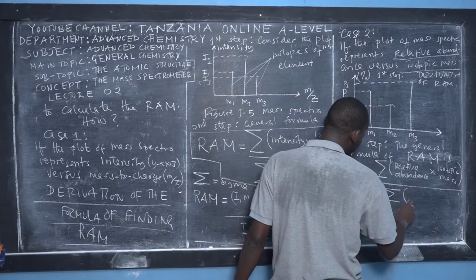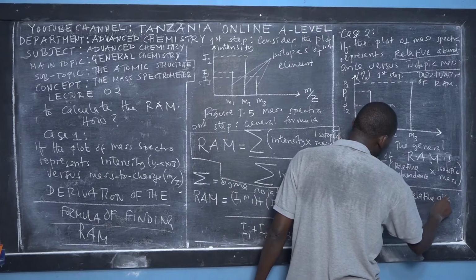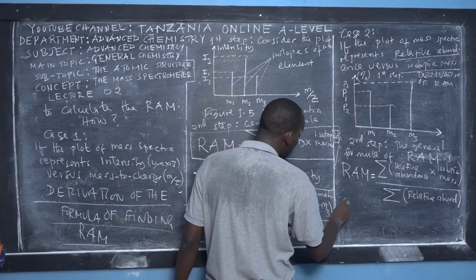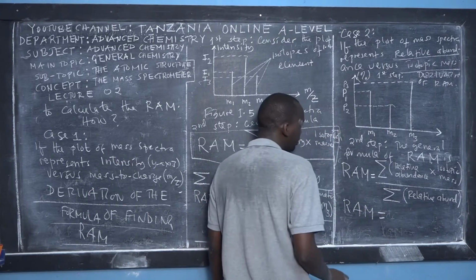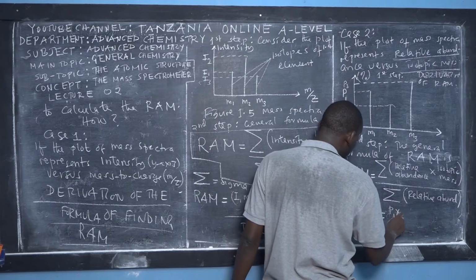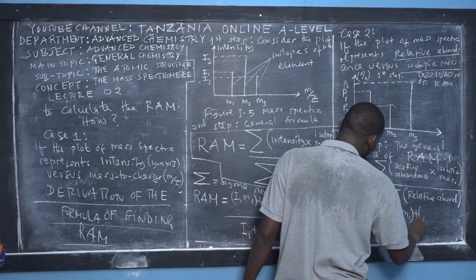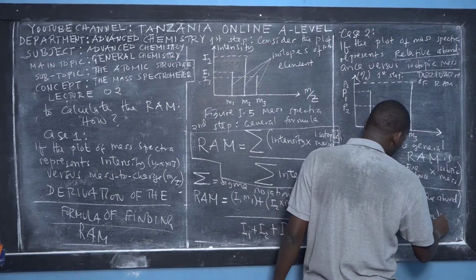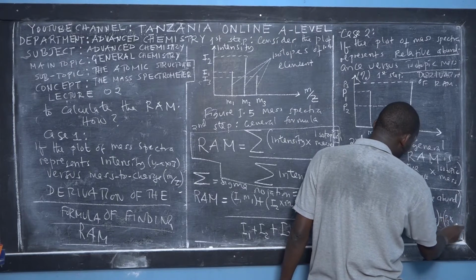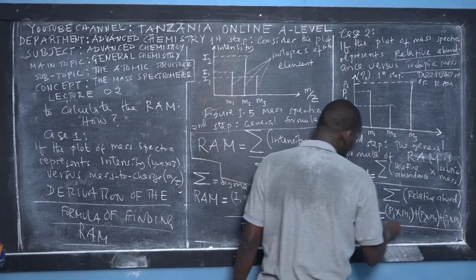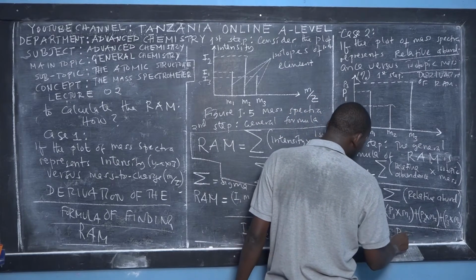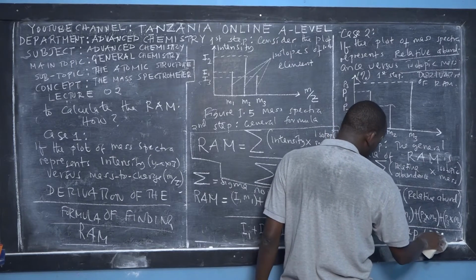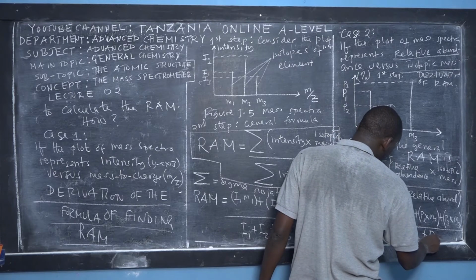These questions are very tricky. So now, if you want to use the symbols, we say that relative atomic mass is equal to relative abundance 1 times isotopic mass 1 plus relative abundance 2 times isotopic mass 2 plus relative abundance 3 times isotopic mass 3, divided by relative abundance 1 plus relative abundance 2 plus relative abundance 3.